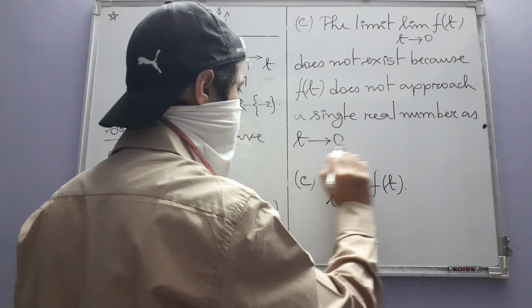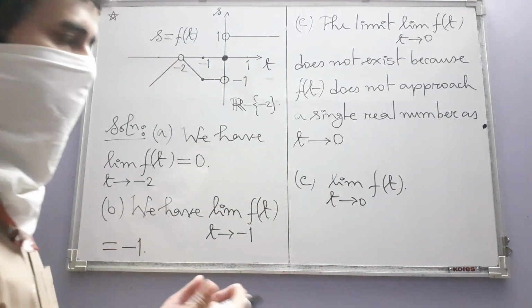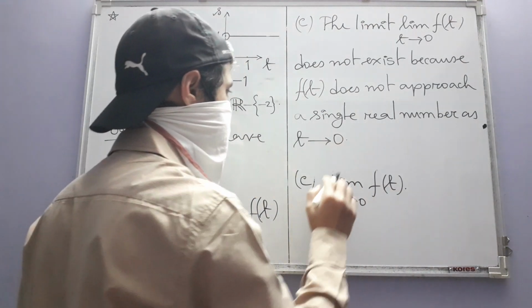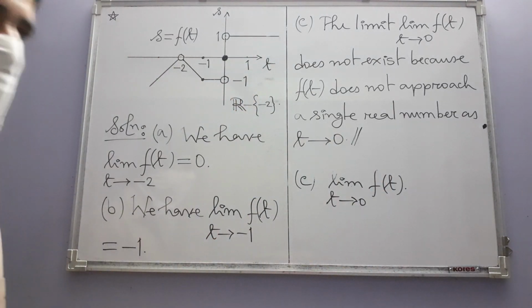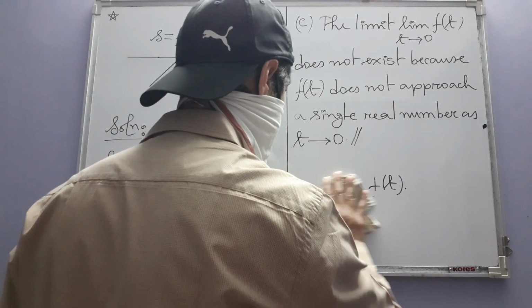You can write t approaches 0 in words, or you can write like this. So that is our second exercise. Then the third one.